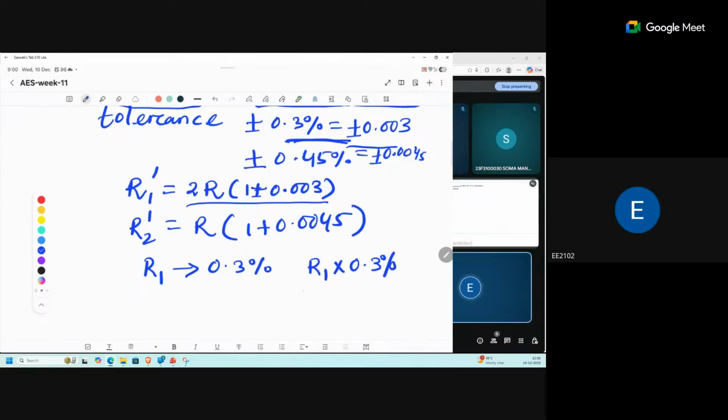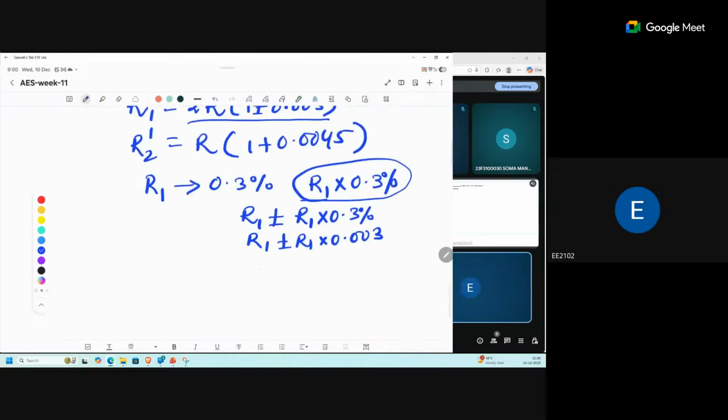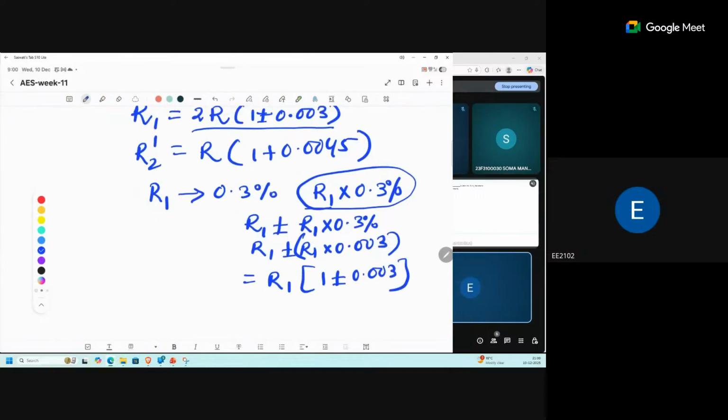So you are getting this much variation on the previous R1: R1 multiplied by 0.3%. This is nothing but R1 plus or minus R1 multiplied by 0.003. If I take R1 common, it is 1 plus or minus 0.003. Is it clear to you?